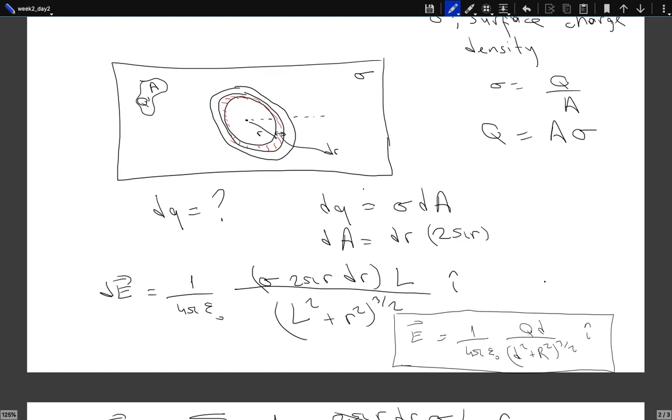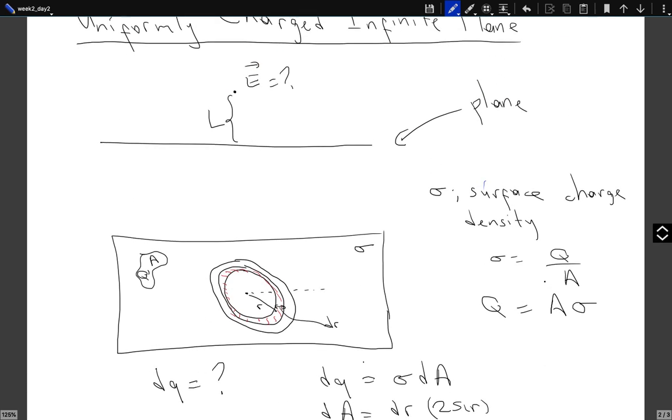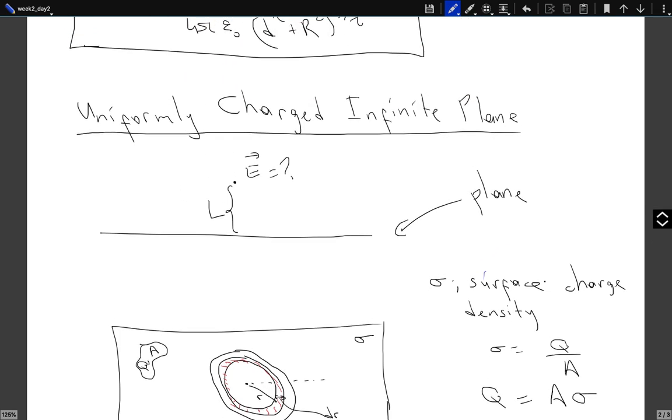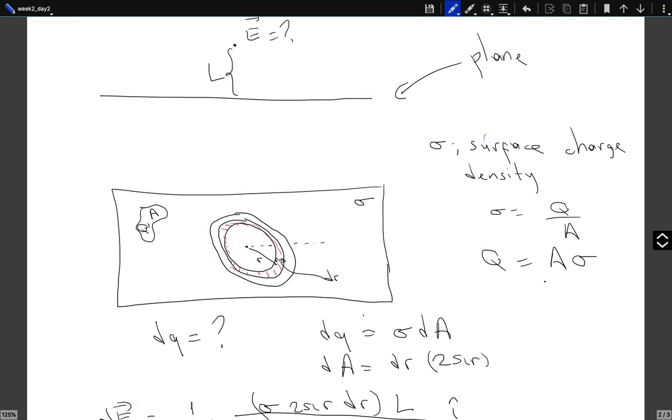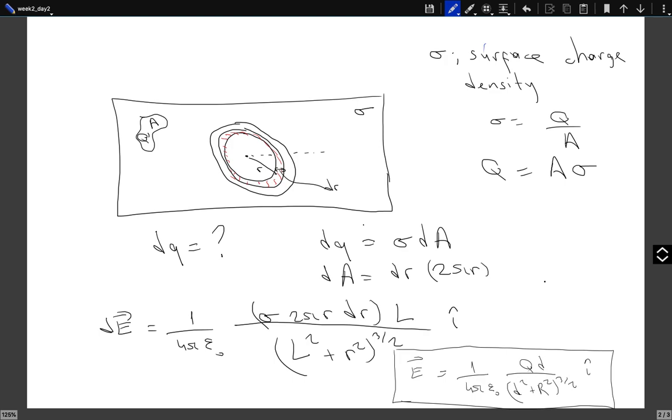And it is pointing away from my ring. Well, you see, in this case, my ring is in the plane, so the I direction is this one in this sketch. And in this sketch, the ring is over here. So the I direction is pointing upward. So this is the electric field created by one of those very thin rings.